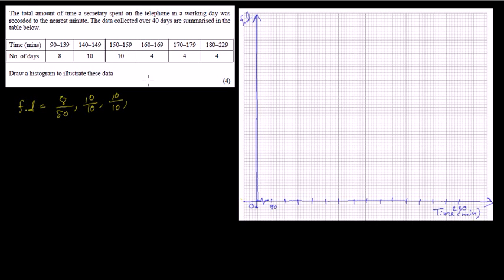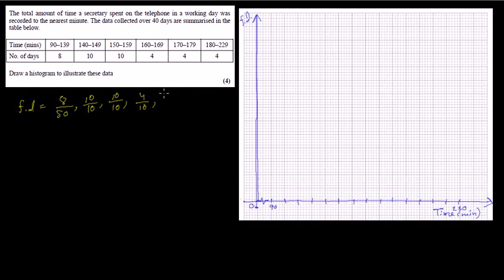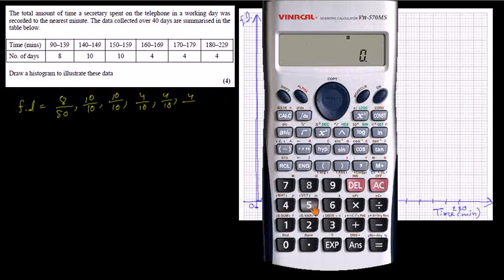Then we have 169. This is again 4 divided by 10. Then we have 4 divided by 10. Then we have another 4 divided by, let me check this one, 229 minus 180 plus 1. This is 50.